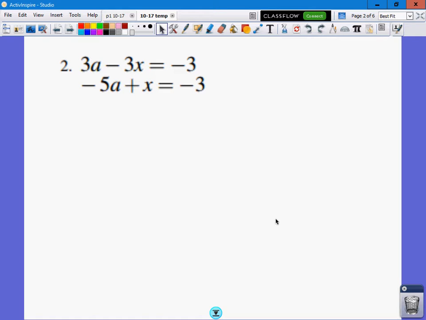What are my coefficients in the second equation? -5 and 1. So I want to use substitution, so I'm going to use this second equation, and I'm going to solve this equation for the variable that has a coefficient of 1. If I'm going to solve this for x, how would I get rid of this -5a? I'm going to add 5a to both sides.